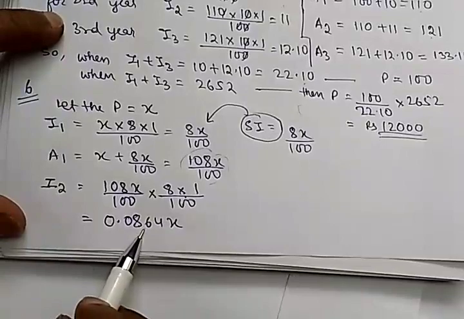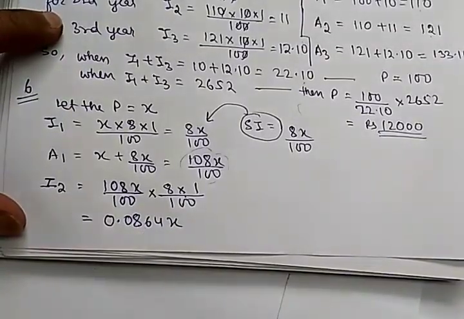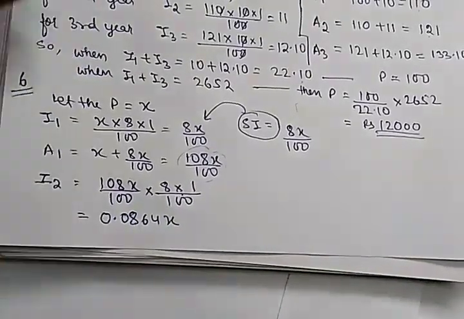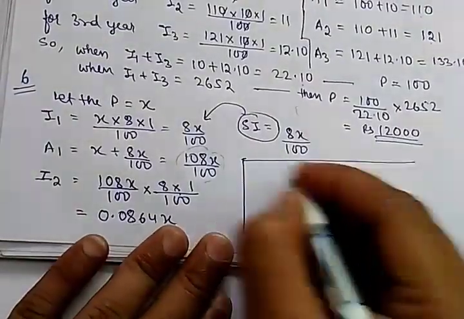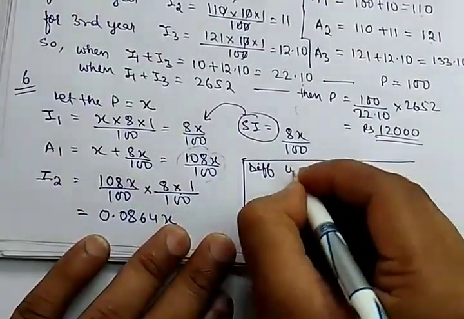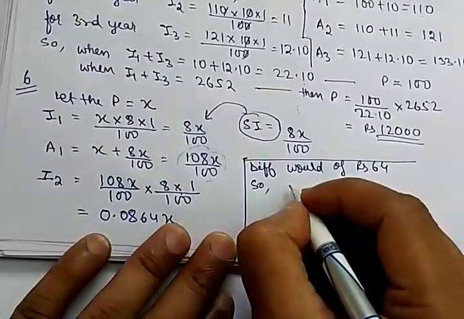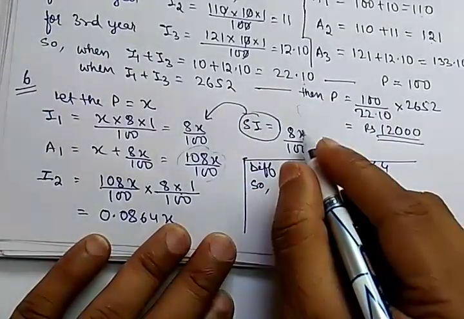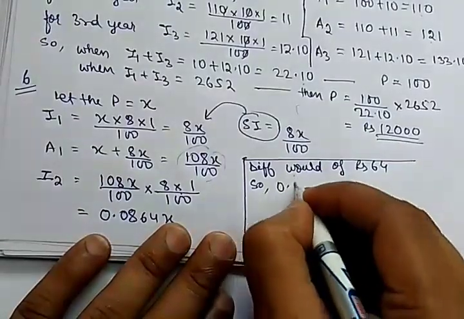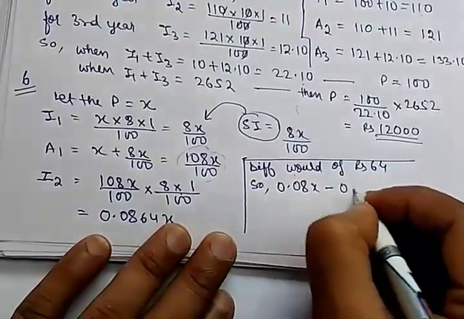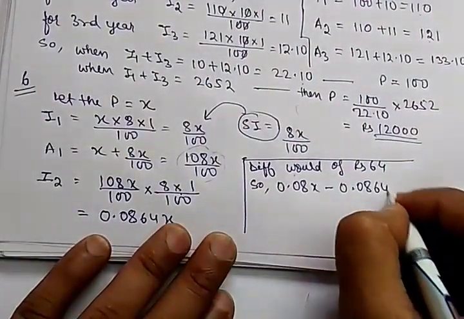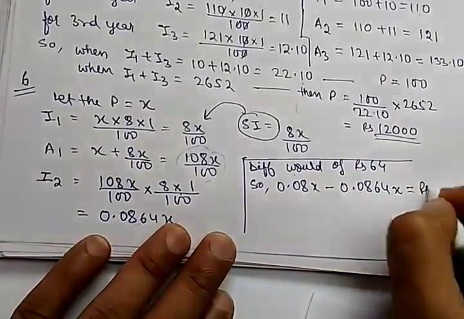If this is the interest for the second year, now the question is that the difference would be rupees 64. So this is the simple interest: 0.08x minus 0.0864x is equal to rupees 64.